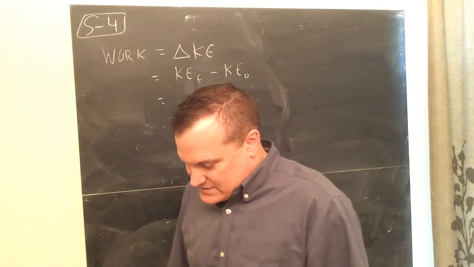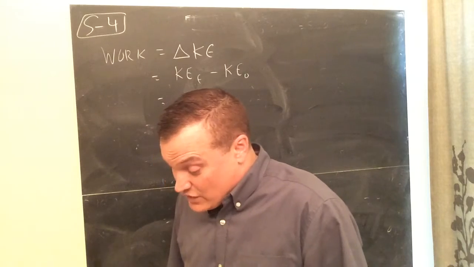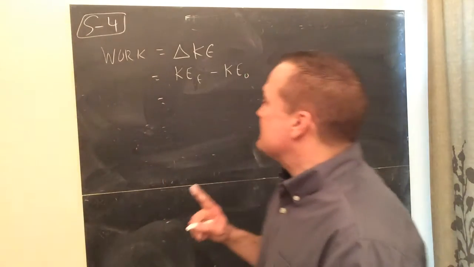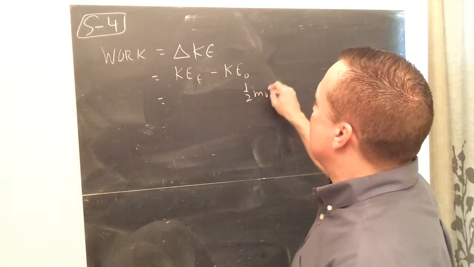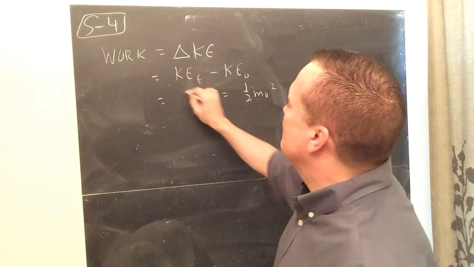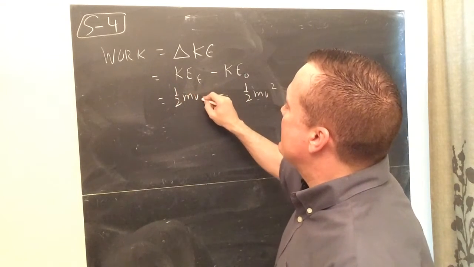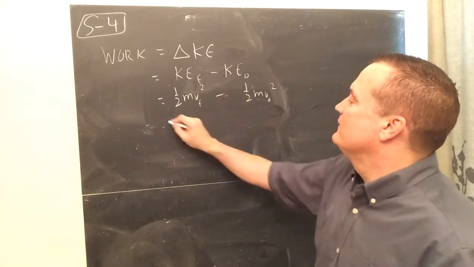So if it accelerates to 25 meters per second from rest, that means it started at 0. So 1/2 mv squared initially was 0, and then 1/2 mv squared for the final, if you want to put final and initial, you can do that as well.